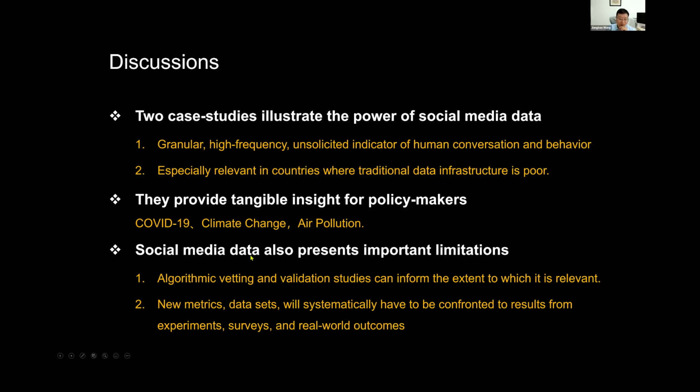And also, we admit social media data also present important limitations. For example, the algorithm cannot fully understand humans' behavior, humans' languages, nuances, and also there are representativeness issues. For example, the social media data may potentially have sample bias issues.